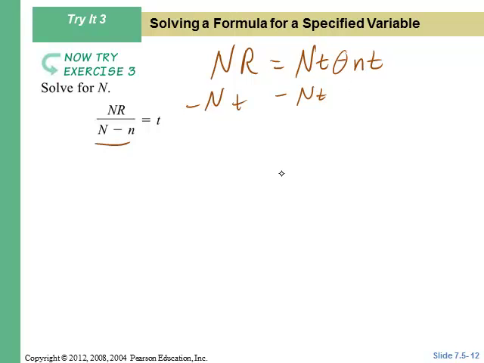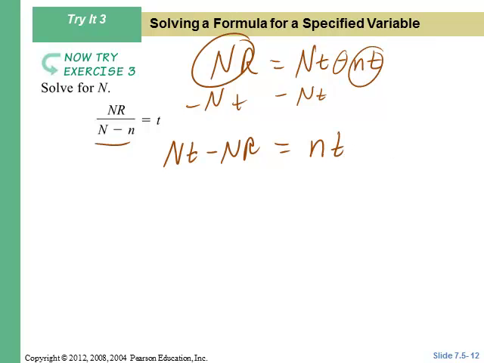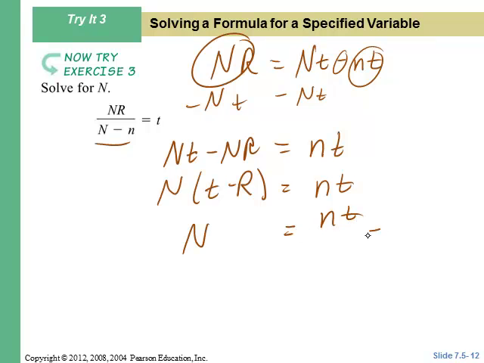If you notice this is a negative sign, I'm going to make it positive by switching the signs of everything. So it'll be positive NT minus NR equals positive small nt. Now I'm going to factor out the capital N, T minus R equals small nT. So N equals nT over T minus R.